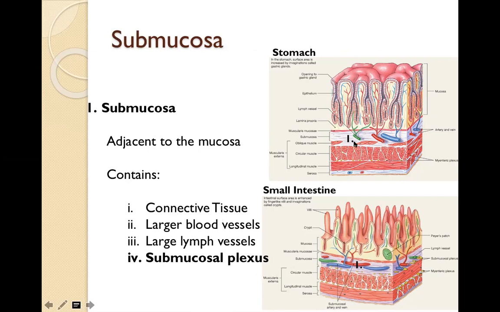So now we'll go a little bit deeper. The submucosa is just deep to the mucosa. And so underneath that muscularis mucosa is the submucosa. It again contains a lot of connective tissue. You'll notice that the blood vessels it contains are a lot bigger than the blood vessels that were in the mucosa. So these are larger blood vessels. There are also these green vessels within the submucosa.